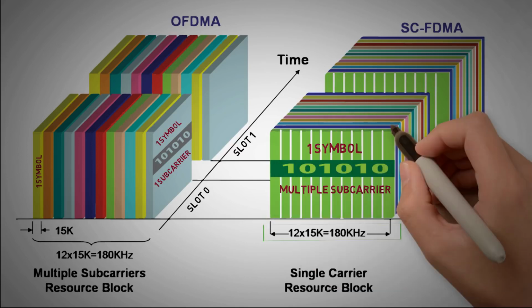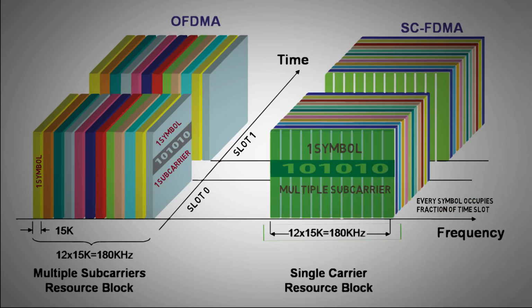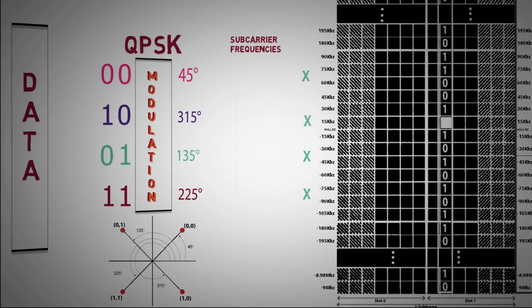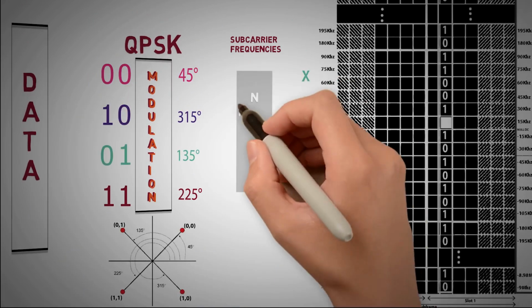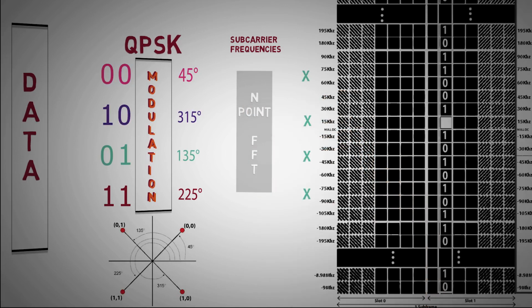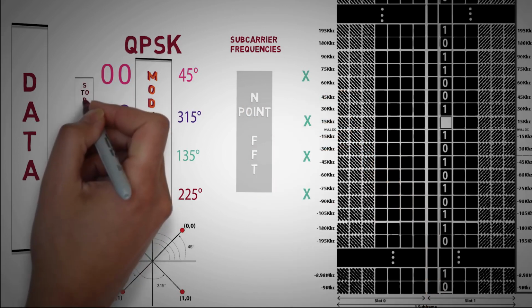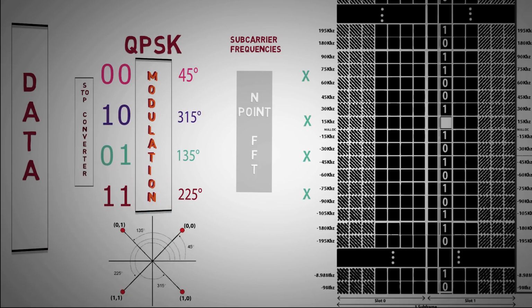In short, SC-FDMA behaves like a single carrier system with short symbol duration compared to OFDMA. To achieve this, SC-FDMA introduces an FFT block right after the serial to parallel converter in the OFDMA structure.